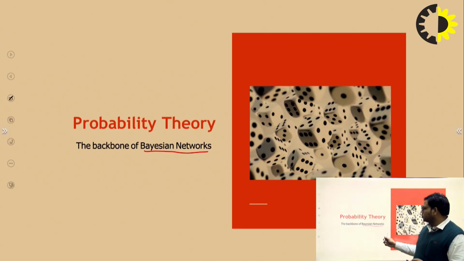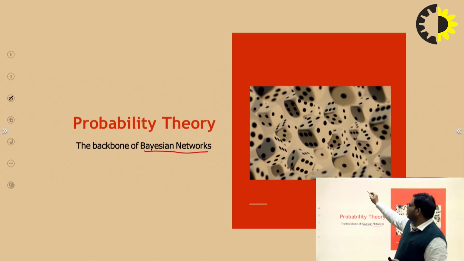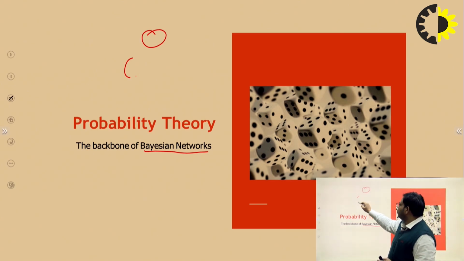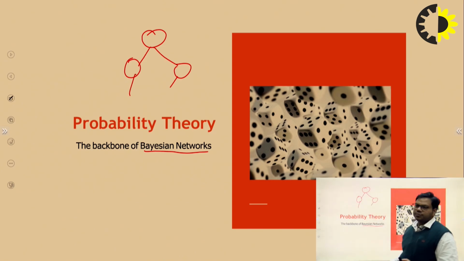But in the case of Bayesian modeling, we have a Bayesian network. A Bayesian network is something like a tree kind of function where we have some nodes and some edges. Typically we use Bayesian networks for Bayesian modeling, which is again based on Bayes' theorem.